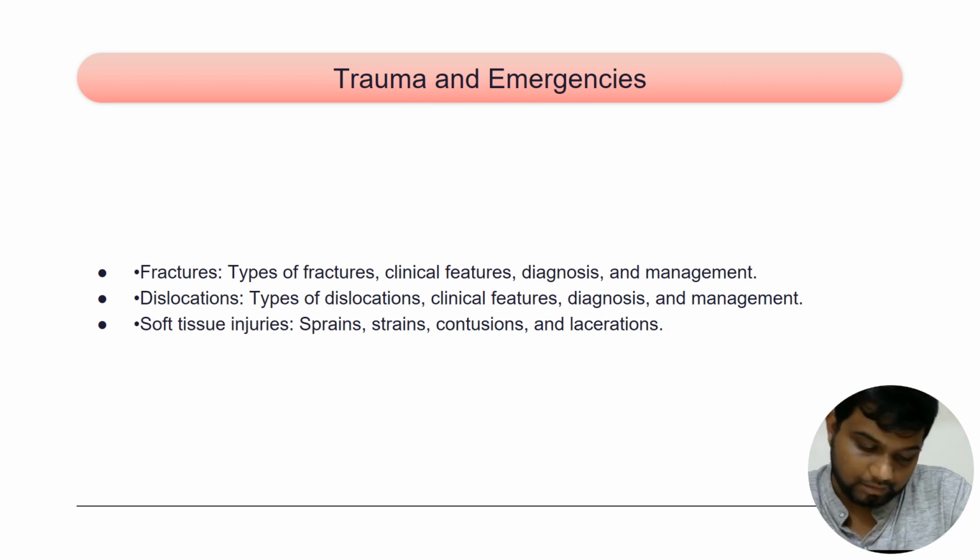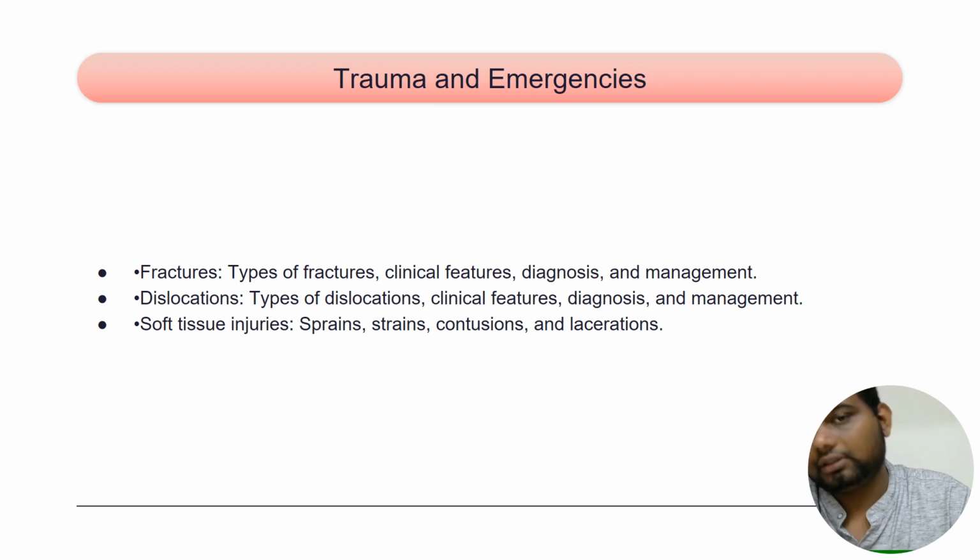And apart from that, you may have a dislocation. For example, in the shoulder joint, you may have an anterior, posterior, or inferior dislocation. What type of dislocation can hurt which nerve, and what are the diagnosis and prevention? All of these things will be mentioned over here.